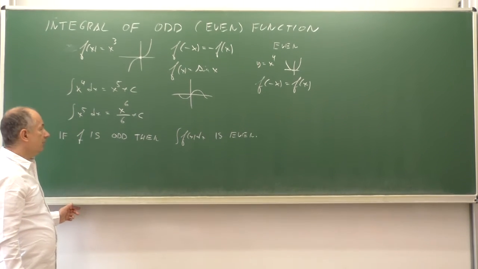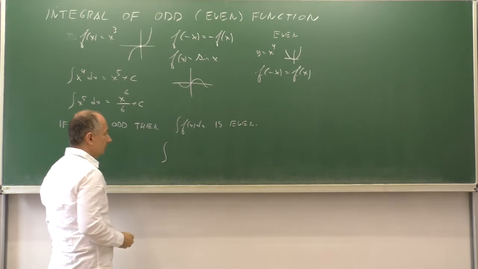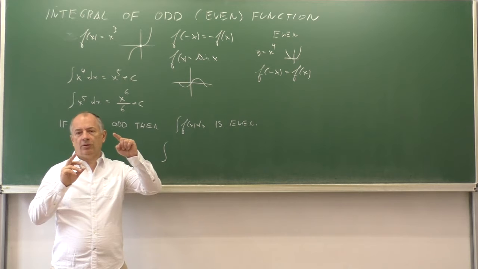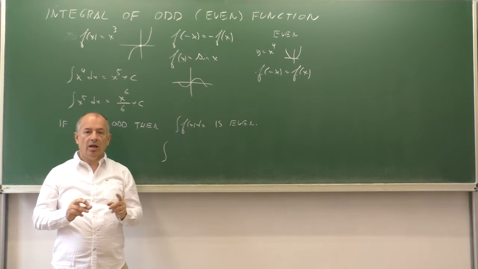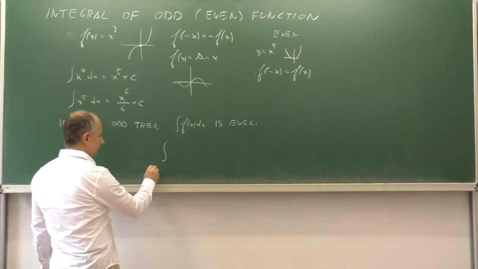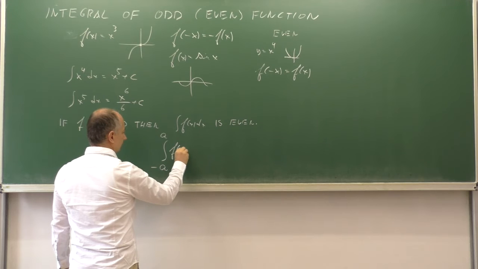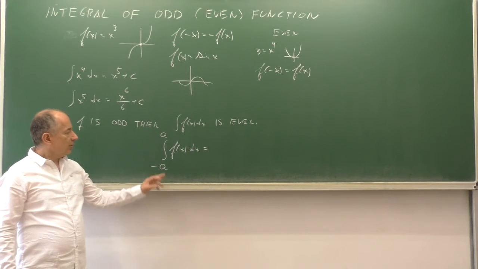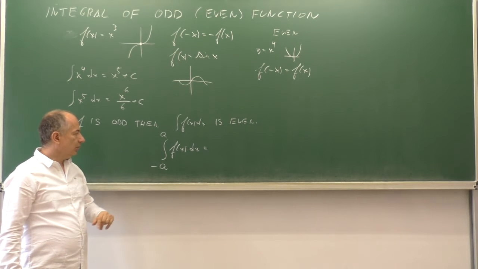And this is very useful because then the definite integral, but this is useful only for a symmetrical interval, when we integrate not from general a to general b, but from minus a to plus a. So once again, this will be very, very useful under these two conditions.